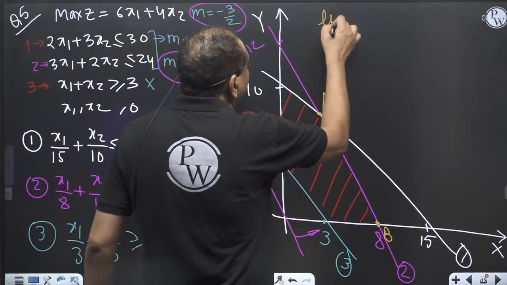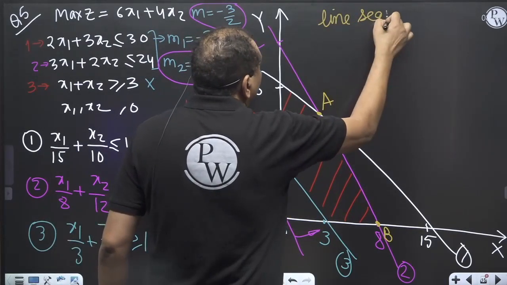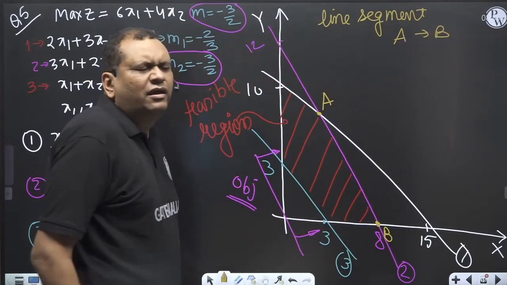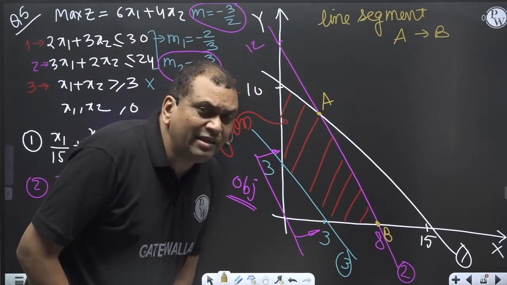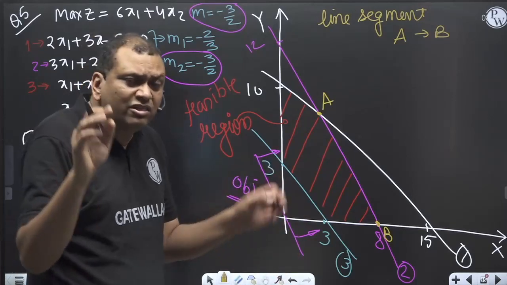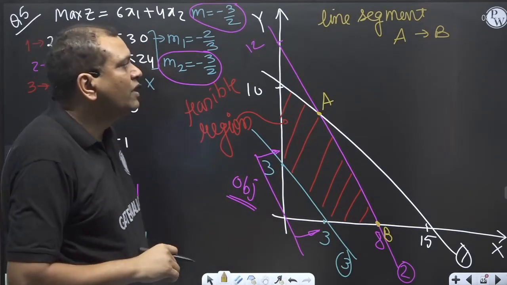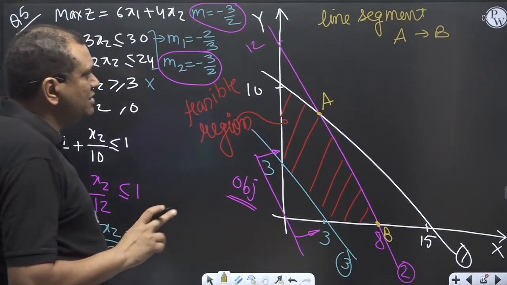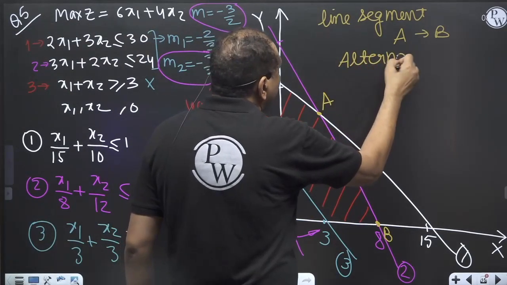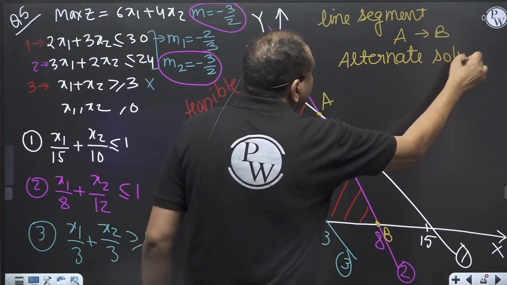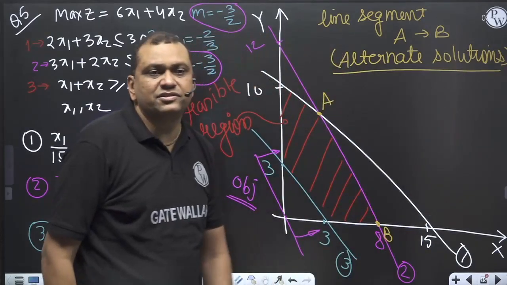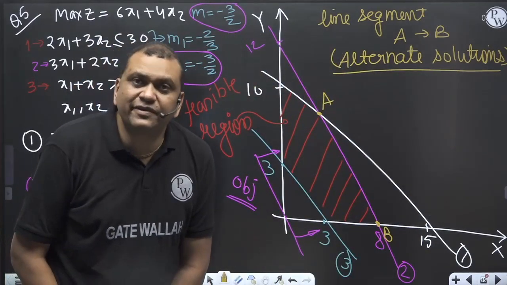On the line segment between A and B, how many points are there? Infinite points. So all those points will give you a solution. So you know what will be your answer? There will be alternate solutions, or you can say infinite solutions. Alternate solutions means infinite solutions.